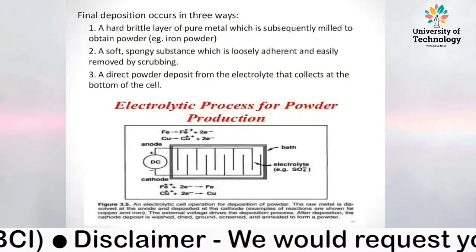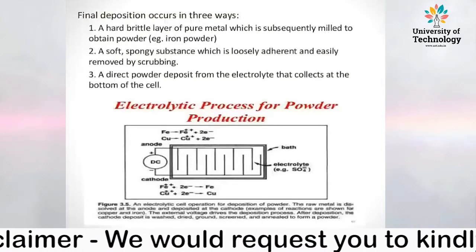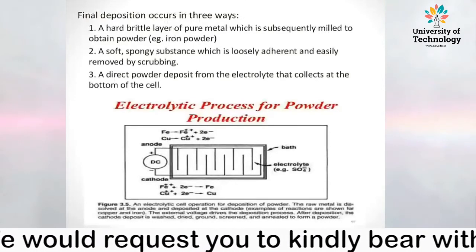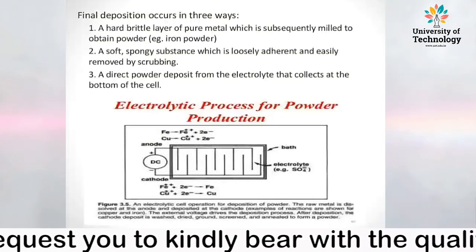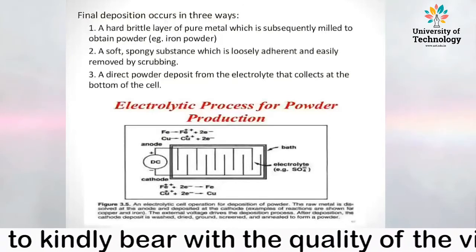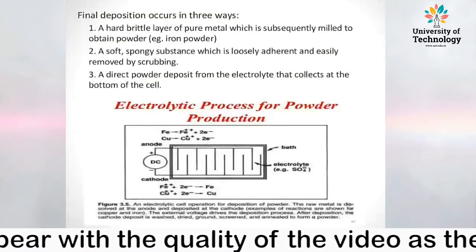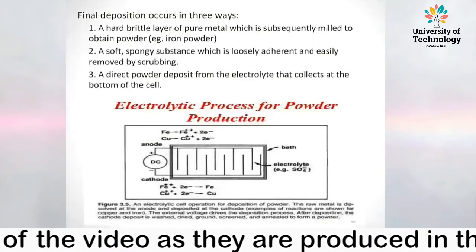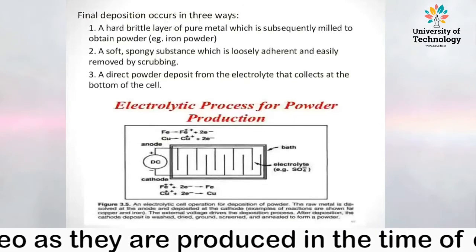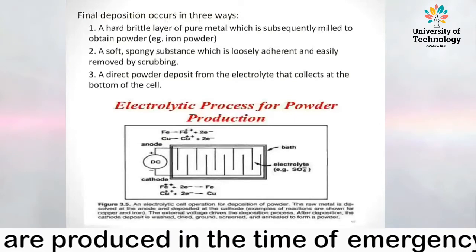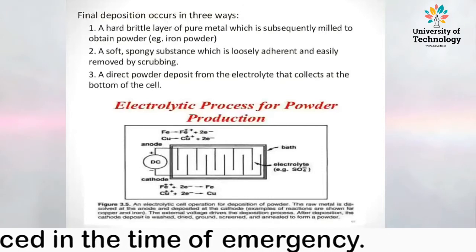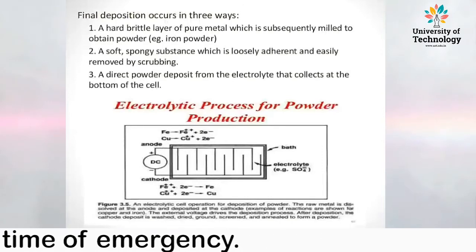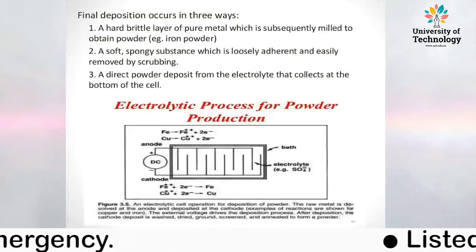Final deposition occurs in three ways in this process. The first one, a hard brittle layer of pure metal which is subsequently milled to obtain powder, that is iron powder. Second one, a soft spongy substance which is loosely adherent and easily removed by scraping.